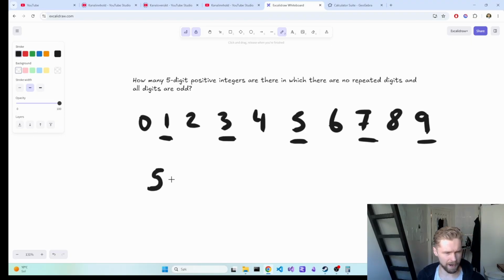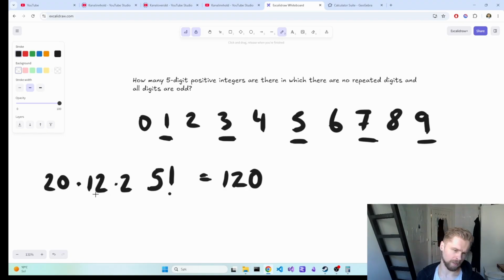This is gonna be 5 factorial, which is gonna be 120, isn't it? Wait, am I doing 5 times 4 times 3 times 2 times 1? Yeah, it's all good.